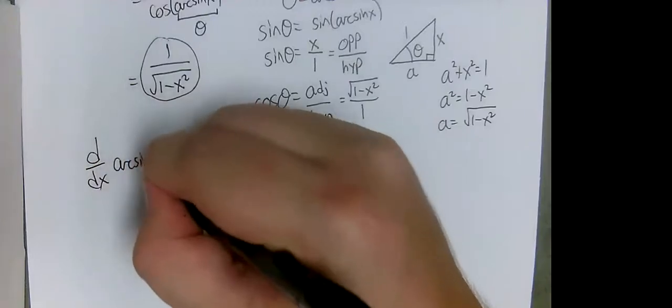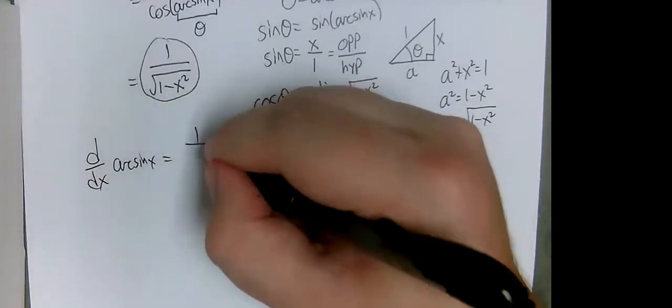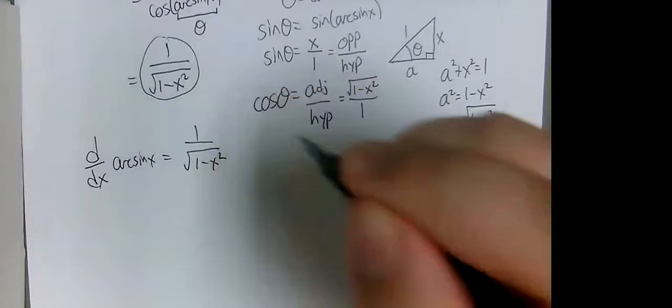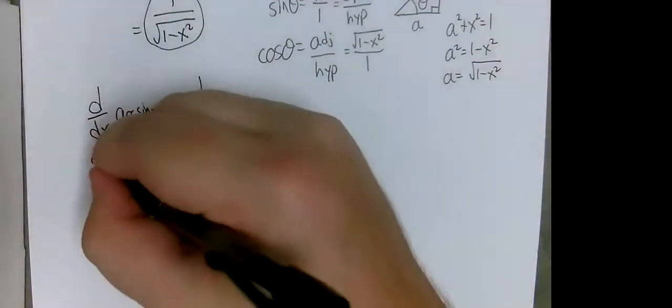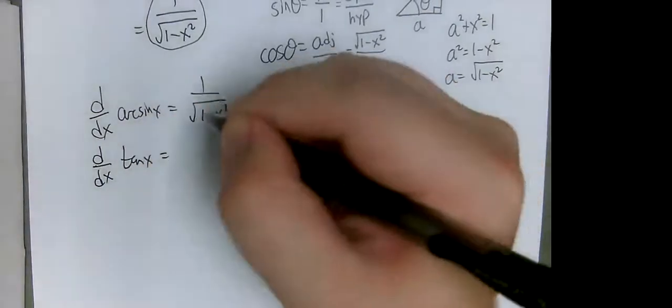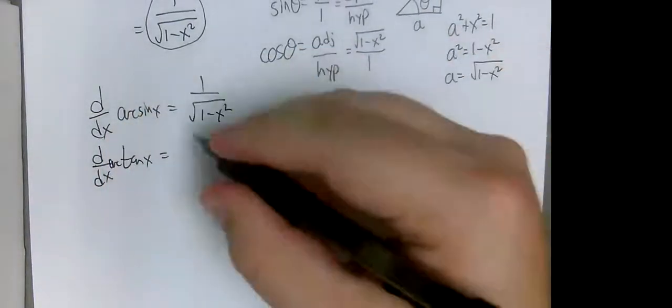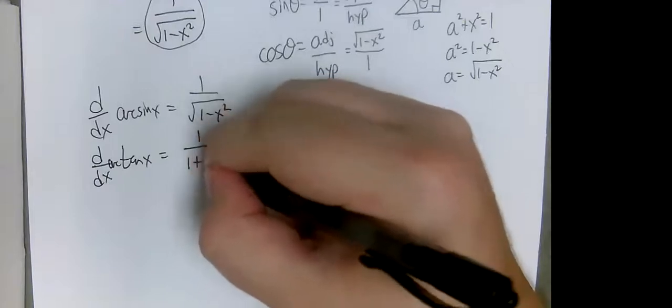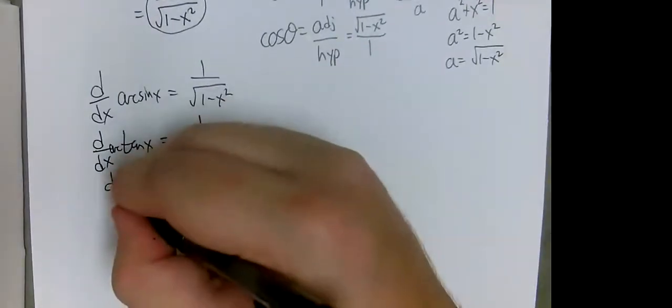So the derivative of arc sine we saw to be 1 over root 1 minus x squared. Now, using exactly the same techniques, we could see, for example, that the derivative of arc tangent is 1 over 1 plus x squared.